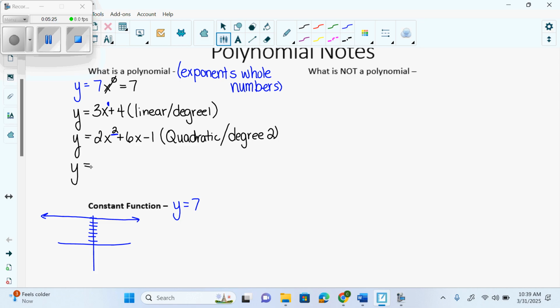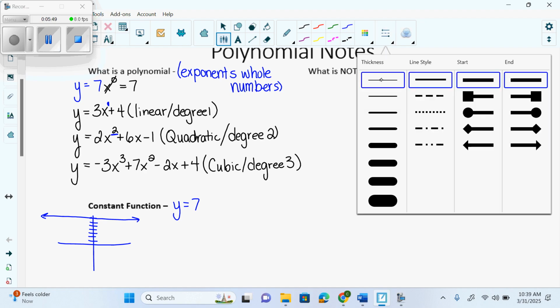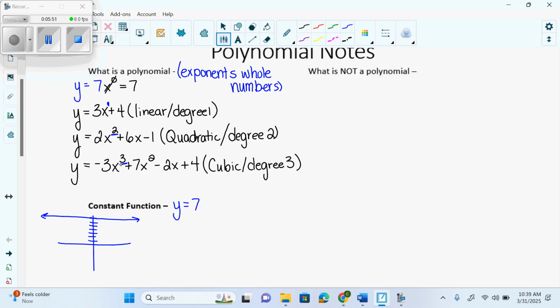So we're going to have y equals negative 3x cubed plus 7x squared minus 2x plus 4, let's say, like that. And that would be not linear, not quadratic. It would be cubic, degree 3. And once again, it's a degree 3 because our largest exponent is 3.